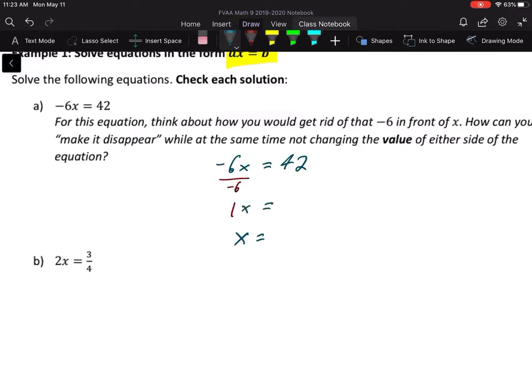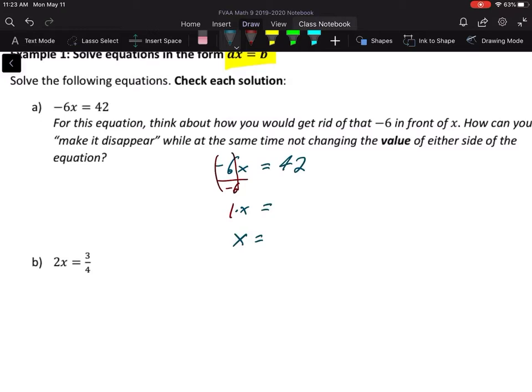And you don't have to do this middle step. I'm just trying to highlight this clearly. Because here, negative 6 times negative 6 in brackets is equal to 1. And 1 times x is equal to just x. So it's essentially that negative 6 disappears when you make it equal to 1 when it's a multiplication.